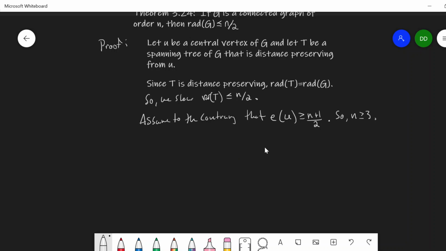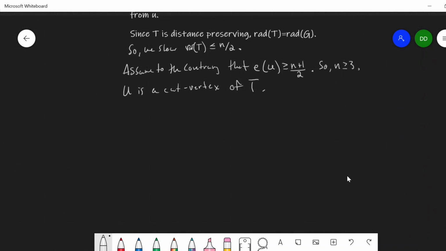Well, if it weren't, it would be a leaf, and its degree would just be 1, and it wouldn't be a central vertex unless the order was 1 or 2, but we're assuming the order is at least 3. So we're deducing that U is a cut vertex of the spanning tree.